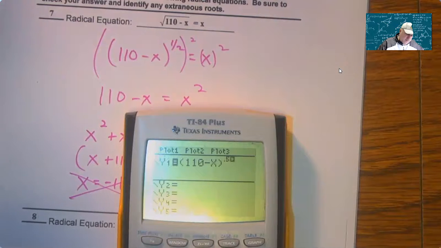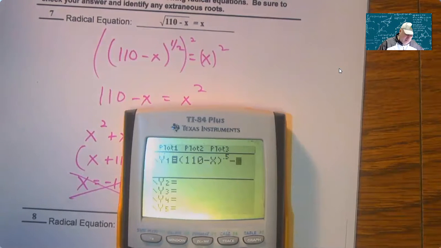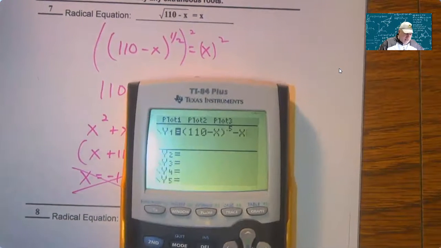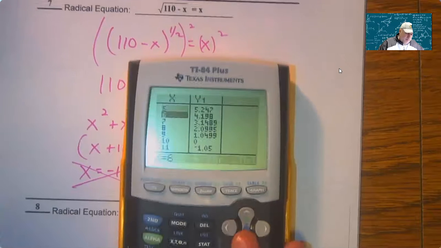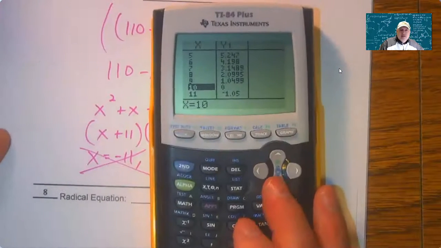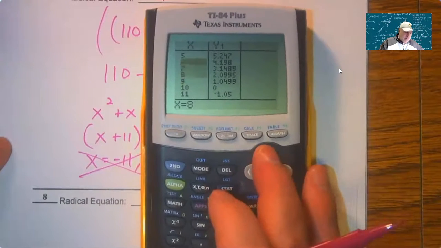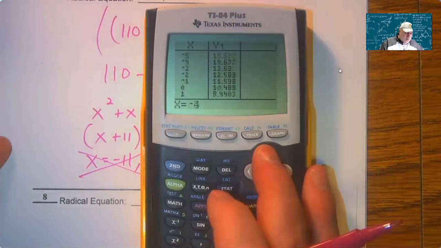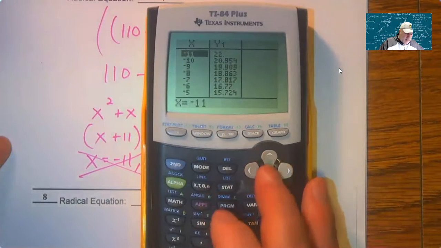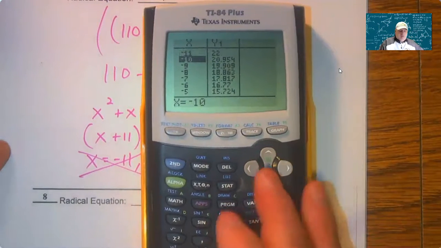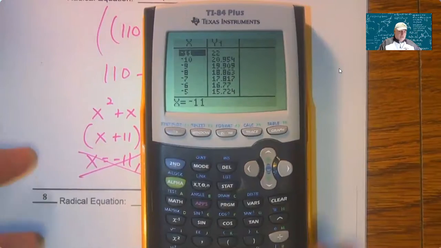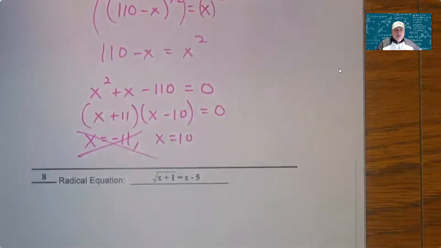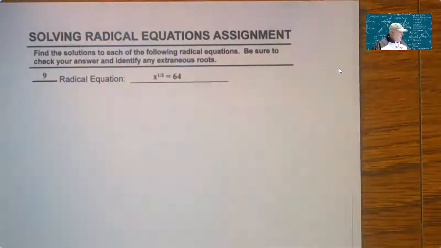To the 1/2 power minus x. So everything has to be on one side. Now let's go to the table. It will say 0 at 10, but when you go to negative 11, it will not say 0. So that means that at negative 11, it's extraneous. You have to throw that away. So make sure all the time that you are checking for extraneous solutions.